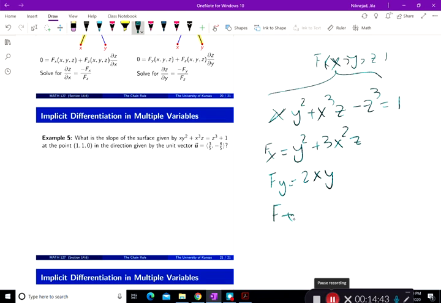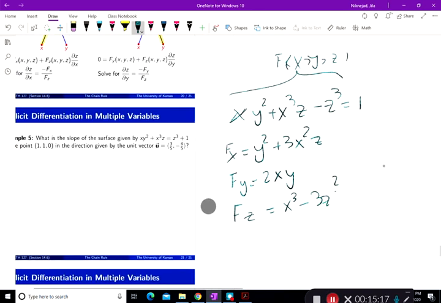F sub z is equal to 3x squared, sorry, not 3x squared, but just x to the third minus 3z squared.